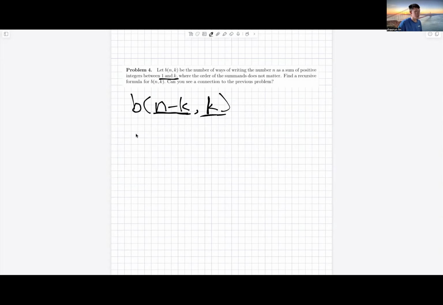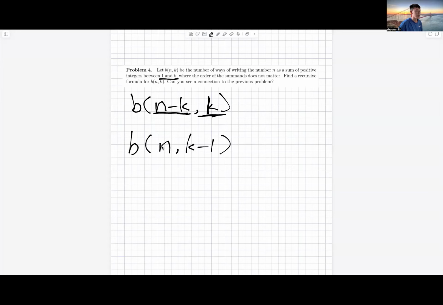And then the second scenario is, what if the largest summand is not k? Then the largest summand is at most k minus 1 in this case. So we have to write the sum n using positive integers from 1 to k minus 1, since now the largest summand we can take is k minus 1.